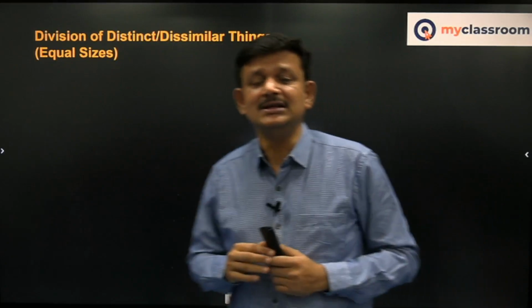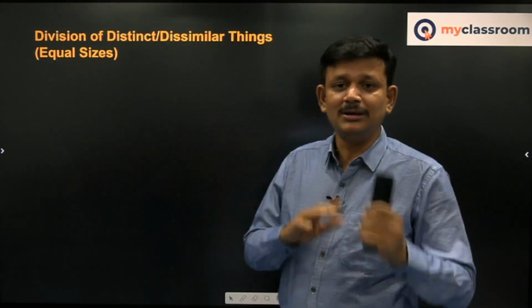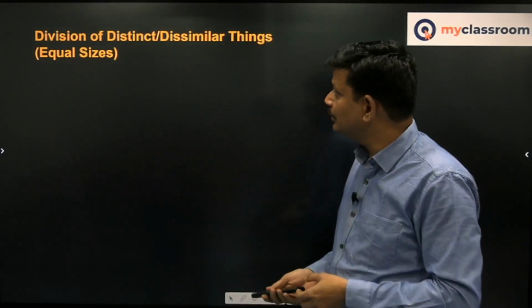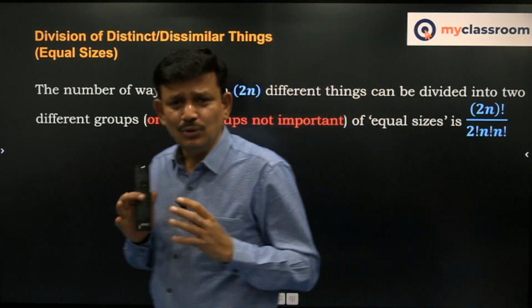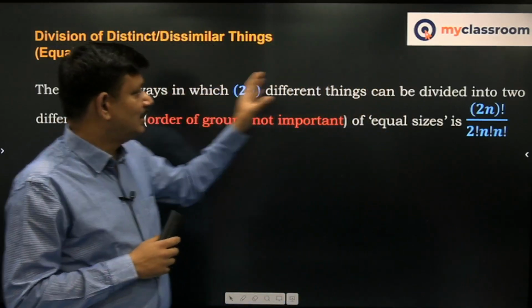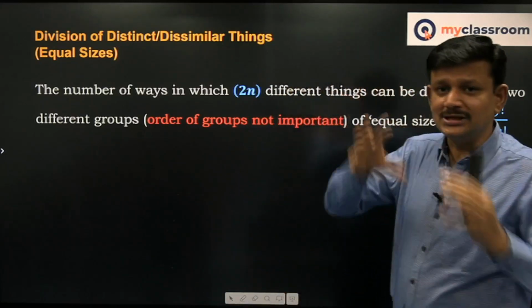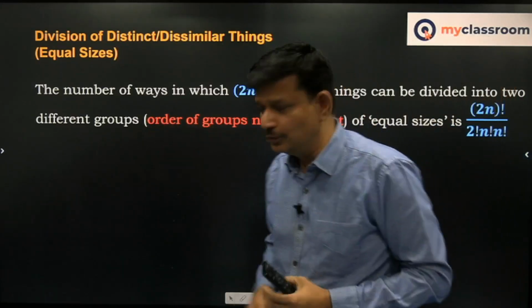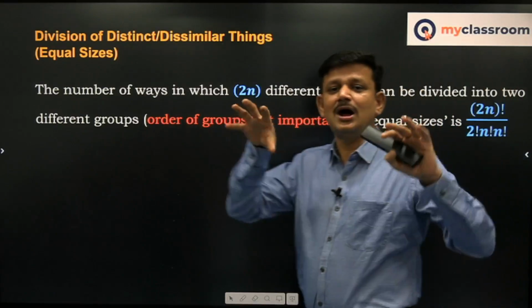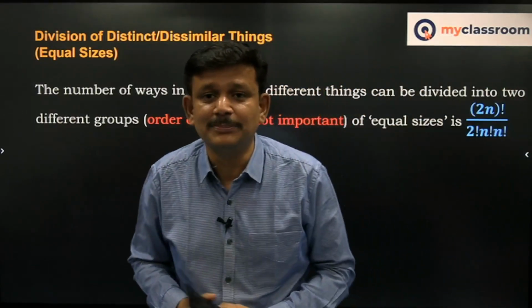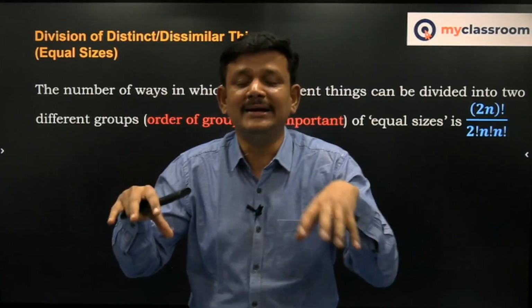Now, if the sizes are equal, what happens? m is equal to n, or m is equal to n equal to p, or any two of them are equal. Let us say you have 2n things to be given among 2 persons or 2 boxes, they have to be put into 2 different groups. Order of the groups is not important, which means the boxes are identical.